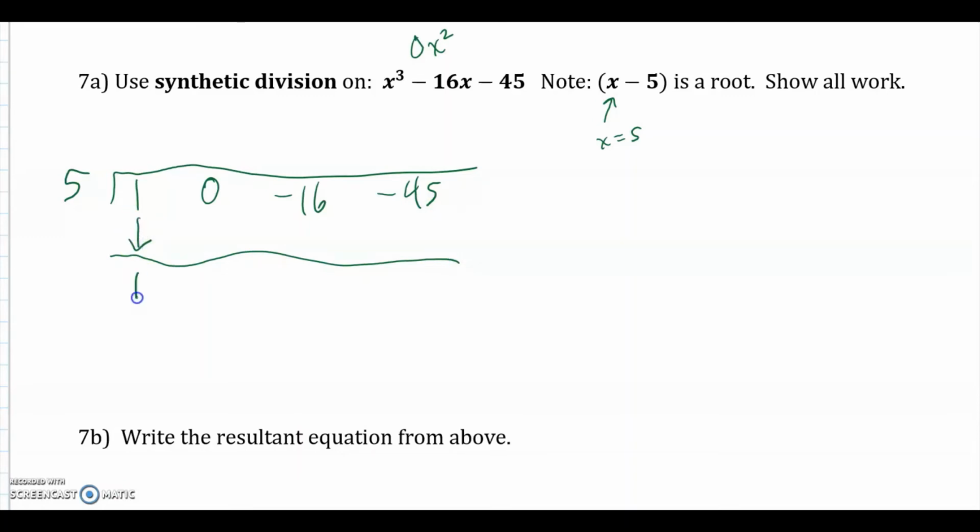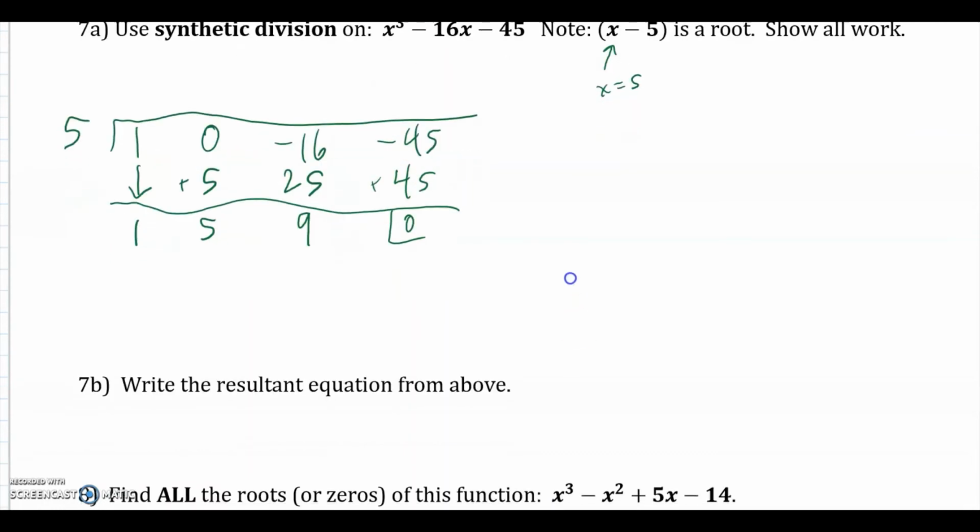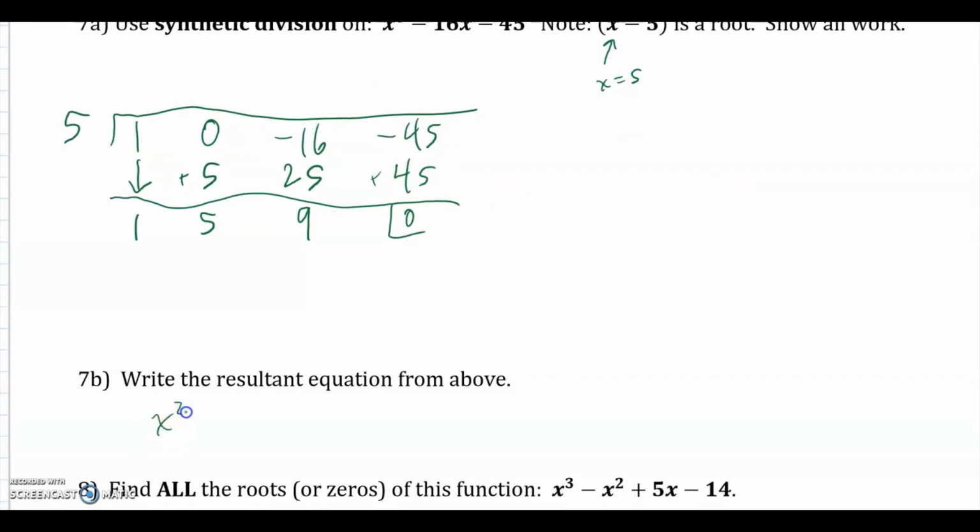Bring down the first one. Multiply, and then add. Multiply, and then add. Multiply, add 0. The resultant equation is x squared plus 5x plus 9.